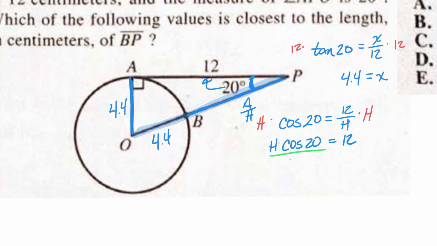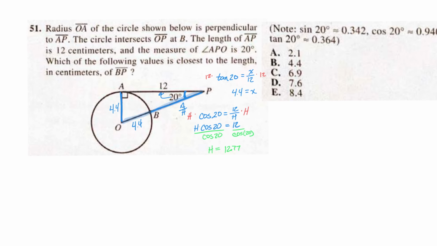And to get the hypotenuse by itself, I have to divide by cos 20. So I'm going to be doing 12 divided by cos of 20. And what I learned is the hypotenuse has a measure of 12.77, essentially.